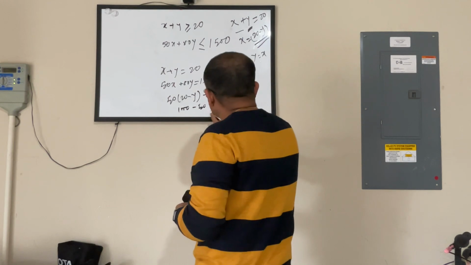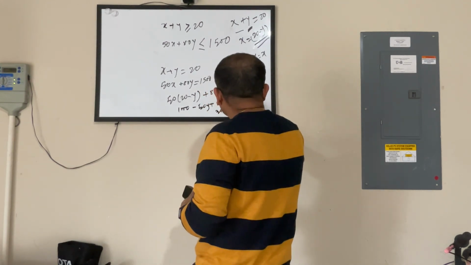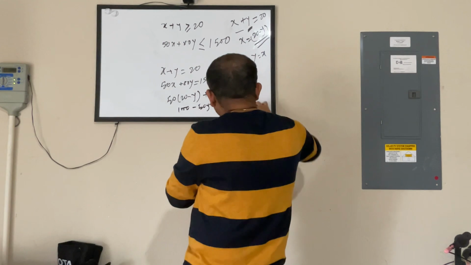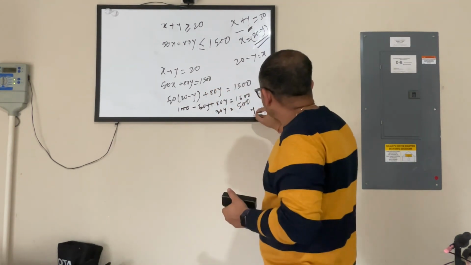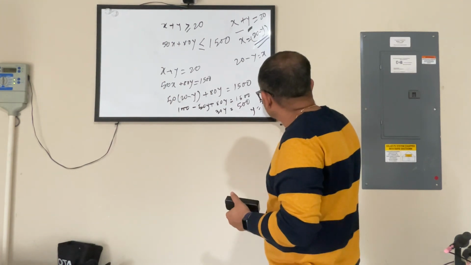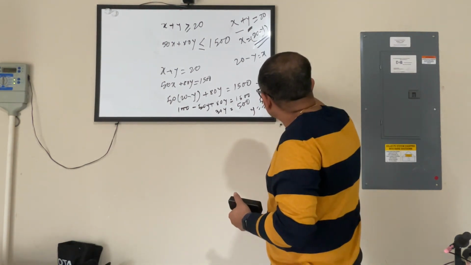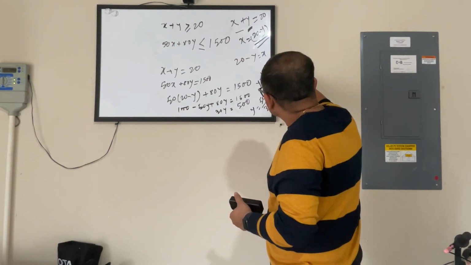So 30y equals 500, so y equals 500 by 30, so that is 50 by 3. So y equals 16.66.